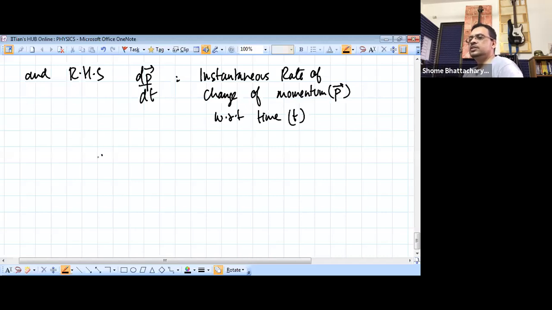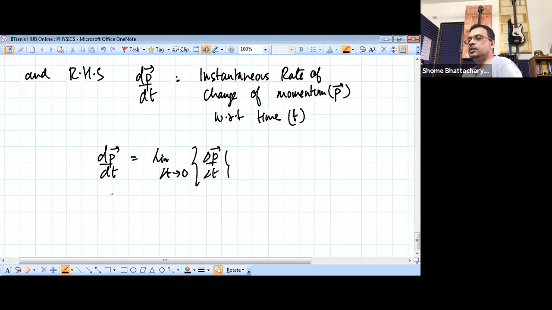So as you know, instantaneous rate of change, what does it mean? As you must have studied in differentiation, it is the limit delta t tending to 0 of delta p by delta t.